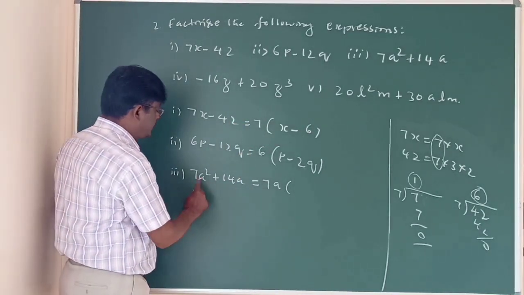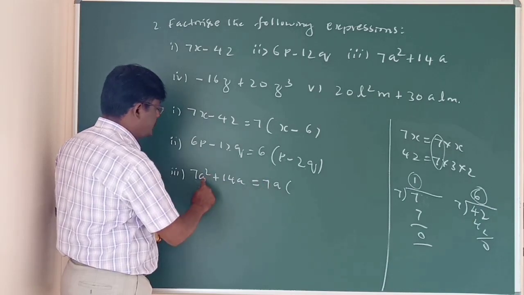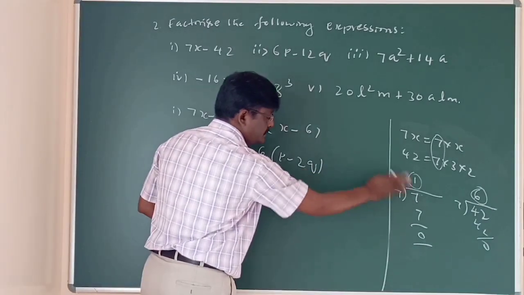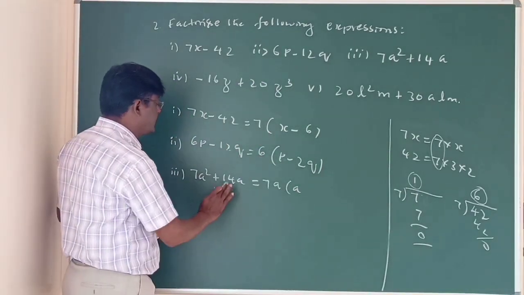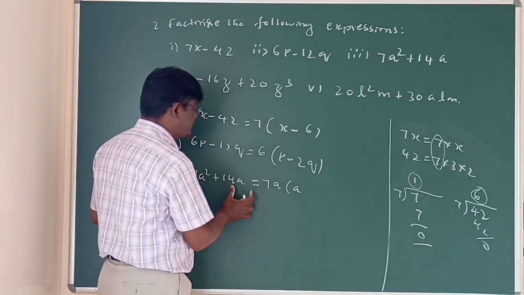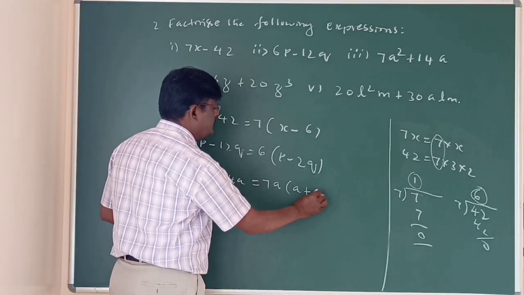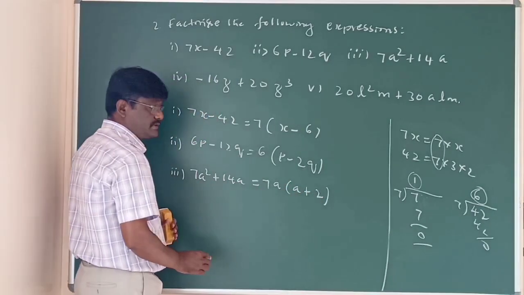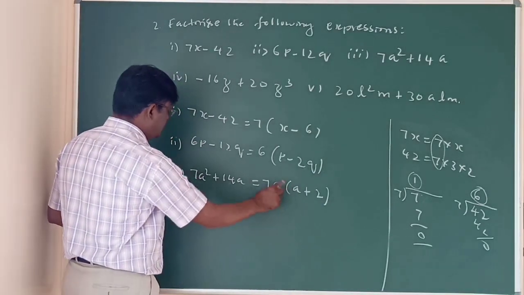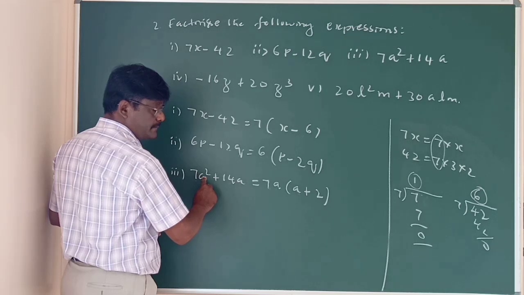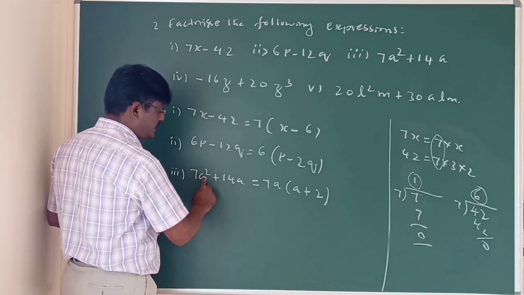Now you divide. 7 gets cancelled, a gets cancelled, or go for the division process. 7 twos are 14. Now 7 into 1, 7. a into a square: law of indices, a power m into a power n is a power m plus n.